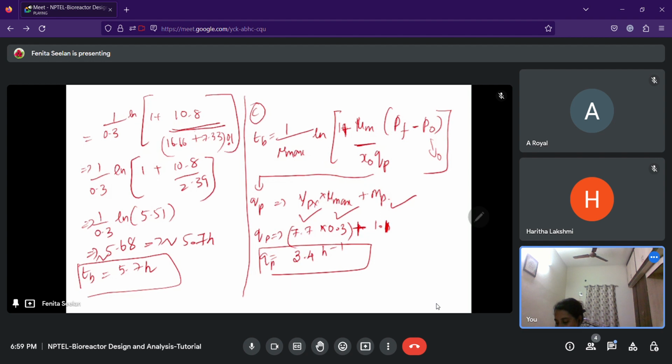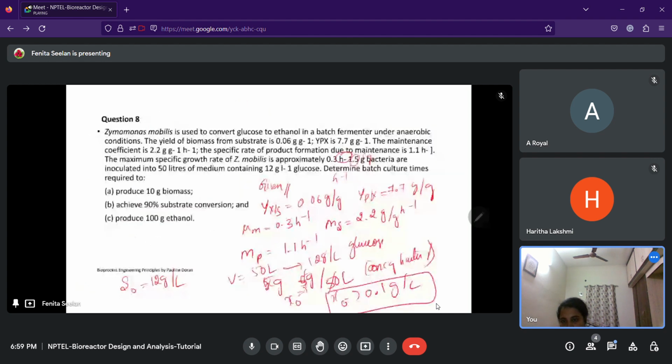So when P naught is equal to 0, and you need 100 gram of ethanol, it means you need PF, the concentration of your product at the end of the reaction inside the reactor. The mass is already given, and you know the volume.